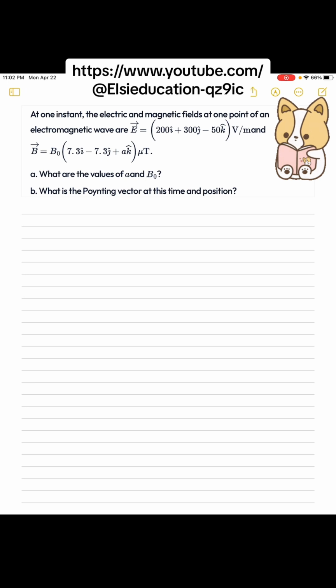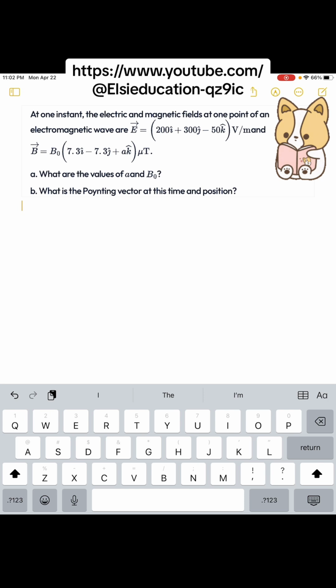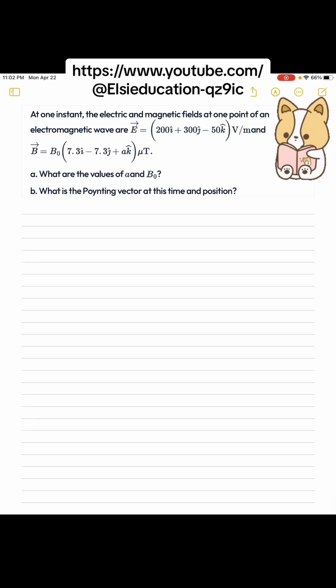Welcome back again with another problem of physics, and this one has to do with the electric and magnetic field in different directions.